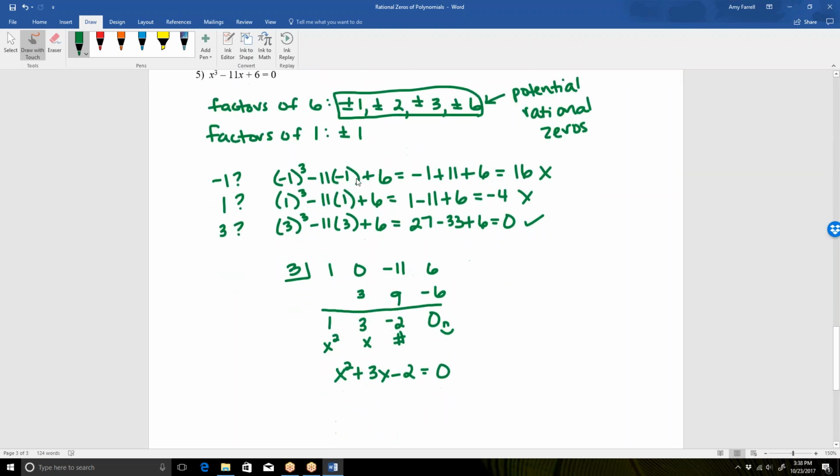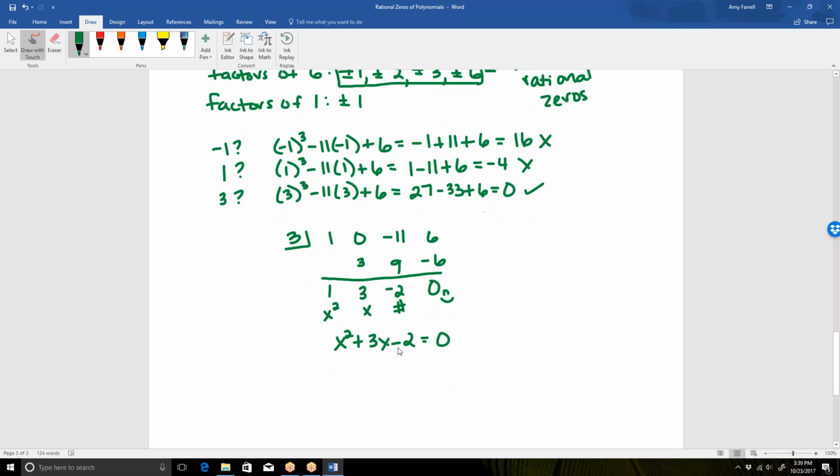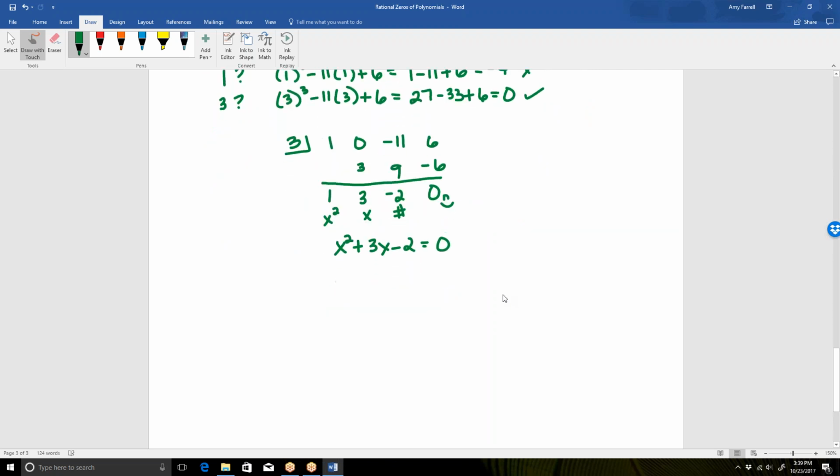It looks like our only rational 0 is 3. This does not factor. So my other 2 zeros or solutions, they must either be complex or irrational. So let's see what happens here.